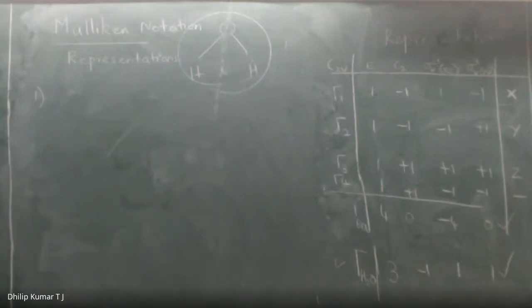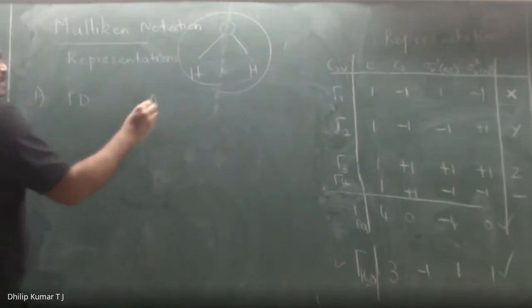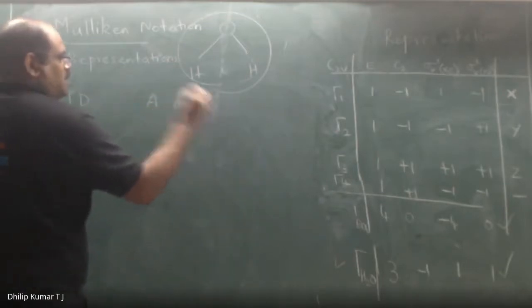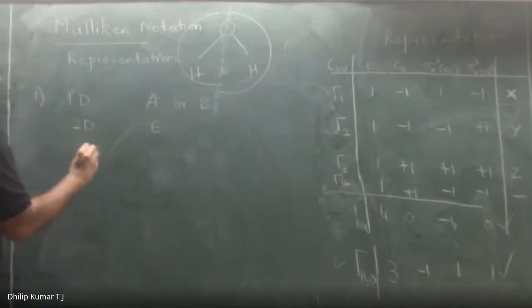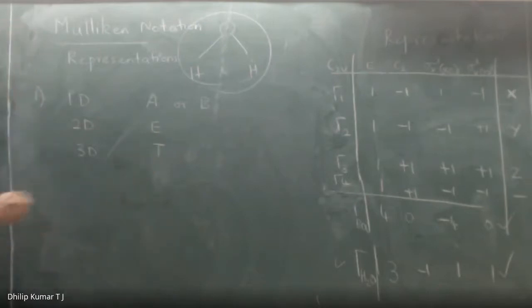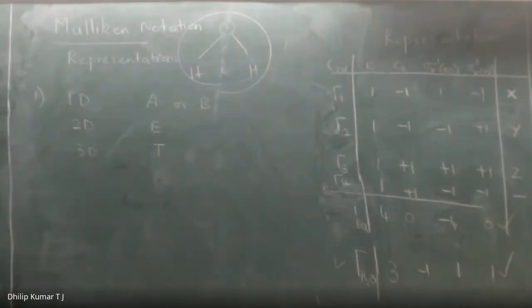So say if the IRs, irreducible representations, are one dimension, it is given by the symbol A or B. If it is 2 dimension, it is given symbol E. If it is 3 dimension, the symbol is T. Okay, so that's the first rule. If the IRs are of various dimension: if it is 1 dimension, it could be A or B; if it is 2 dimension, it's E; 3 dimension, it is T.